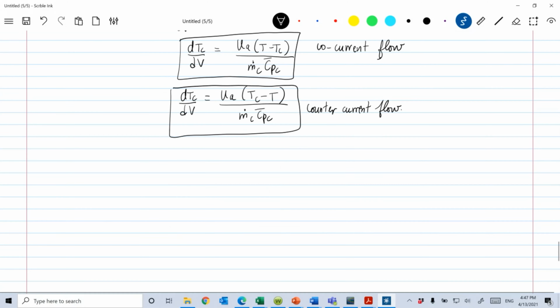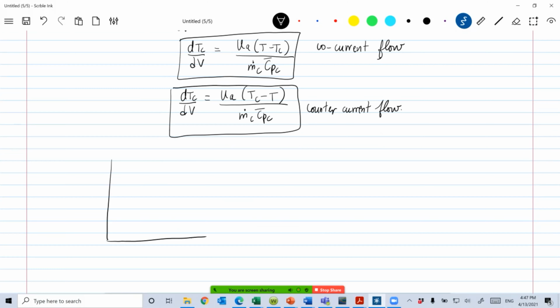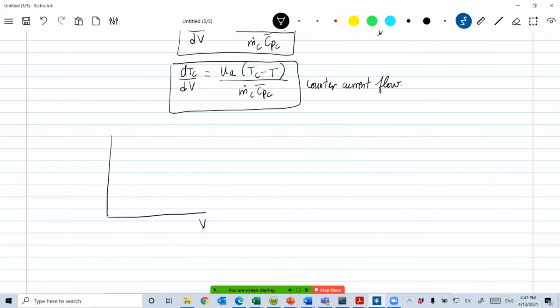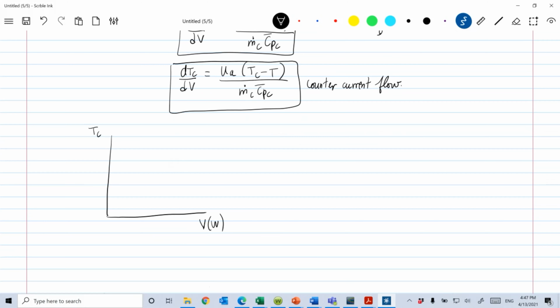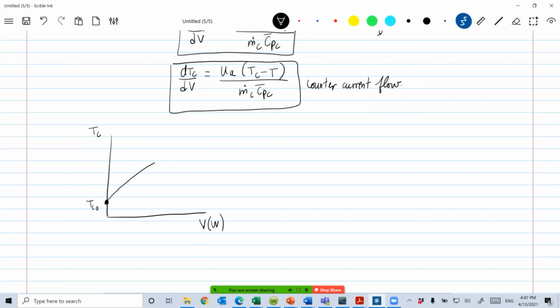Now, the last thing I'll do, really, is graph, for example, as a function of volume or catalyst weight, the temperature of the coolant, if it's exothermic. The temperature of the coolant is going to start at some TC naught, and it's going to go up.